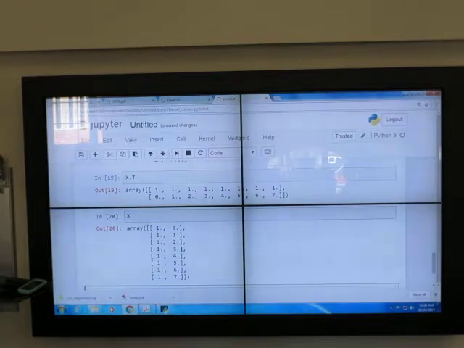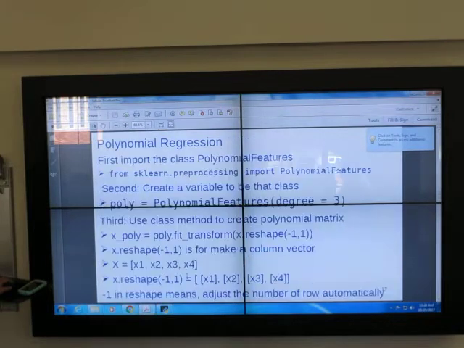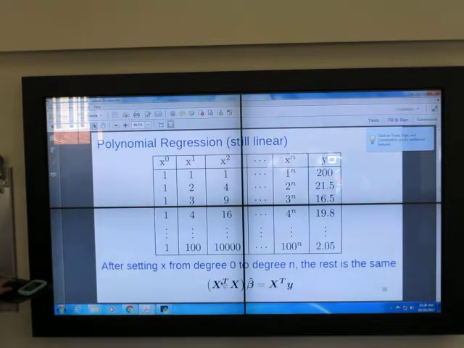You remember AX equal to B? Solve a system of linear equations. So from the closed form solution we have X transpose X, which is an n by n matrix, multiplied by beta, which is unknown, equal to a column matrix. So create X transpose X as A and X transpose Y as B.